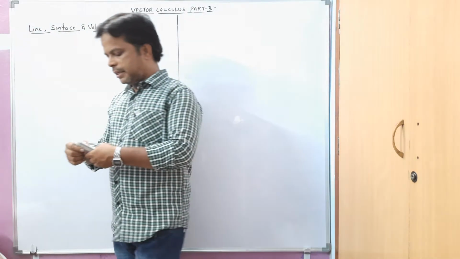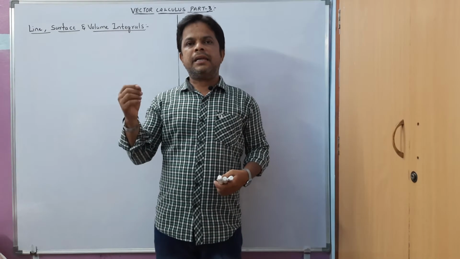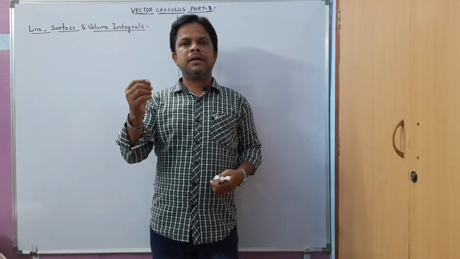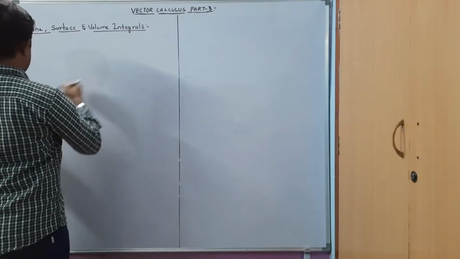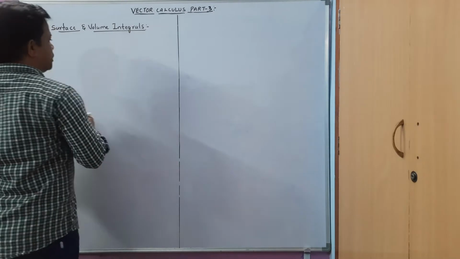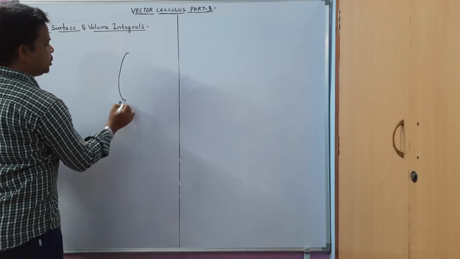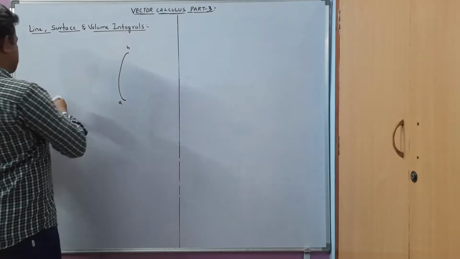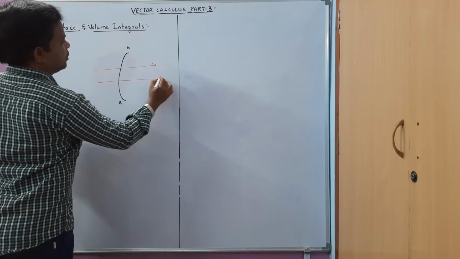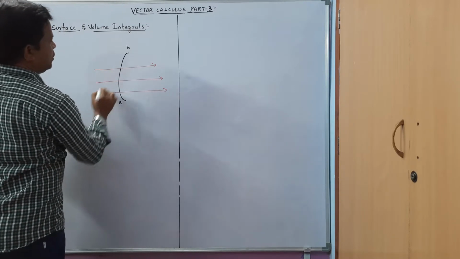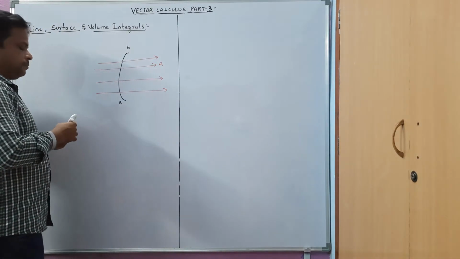Now let us take the line integral first. The line integral is defined as the tangential component of A around a curve L. Suppose I take a curve like this from A to B, and the vector field A is crossing this line.